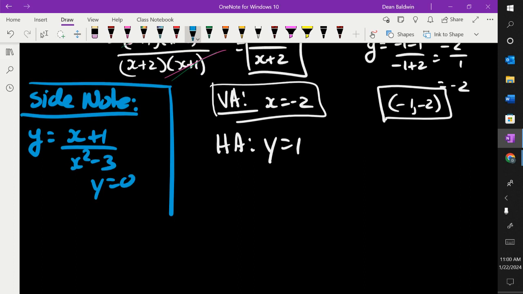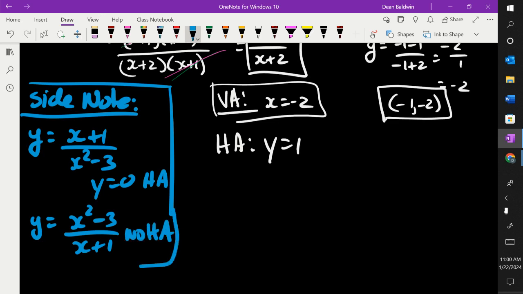It doesn't matter if you do it after or before. And if the top is a higher degree than the bottom, you have no horizontal asymptote. So y is equal to 0 is the HA, and this has no HA. And for those of you taking calculus, you'll learn how to find the slant asymptote. I know you're all excited.